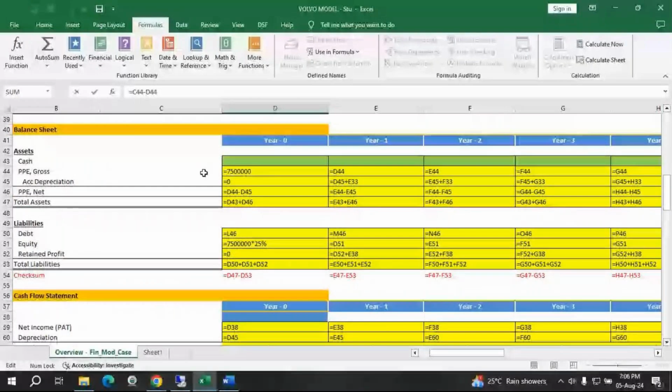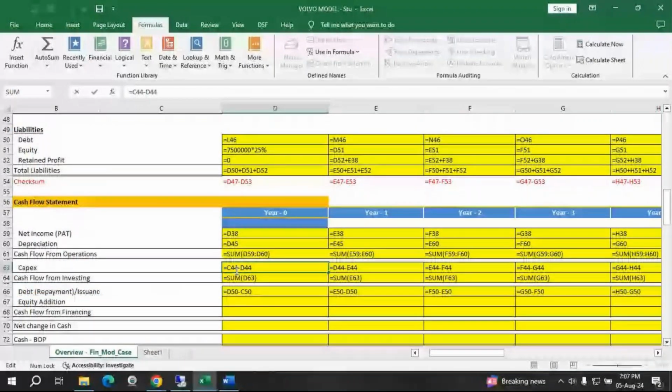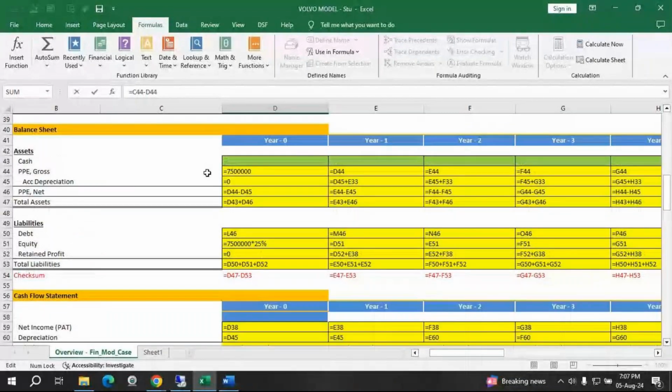Before I start my calculation, year 0 I have already bought the item, that is my bus, 75 lakh. To calculate the asset, I have to take the previous year value minus the current year value. That's why I have taken C44, my previous year value. Previous year PPE gross is nothing, so it will be 0 minus the current year. Okay, ma'am, got it.